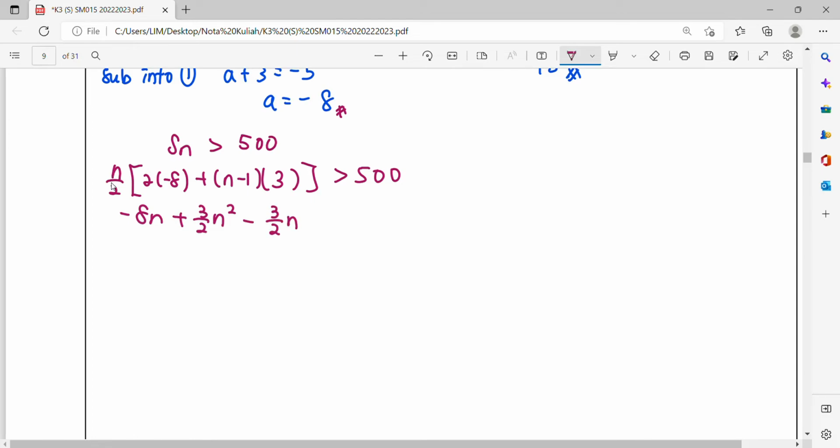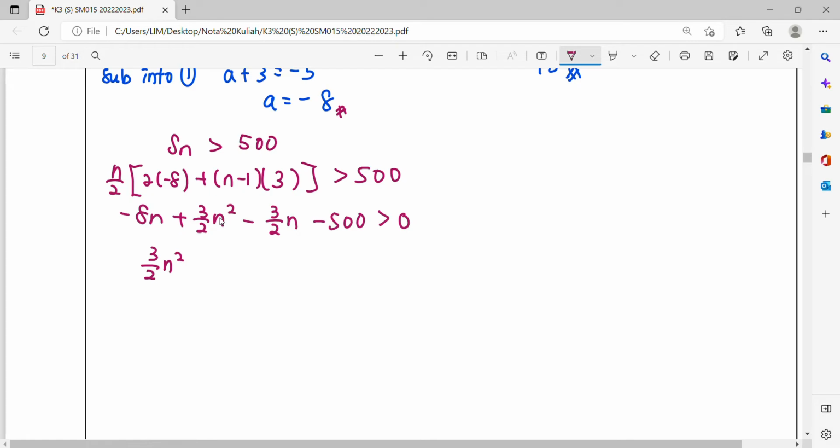Move everything to the left hand side. We arrange it into the pattern of ax squared plus bx plus c. Then we factorize, then we do graphing to find out our n value here. Okay, so our quadratic is not ready yet. Simplify our quadratic to the simplest form first.